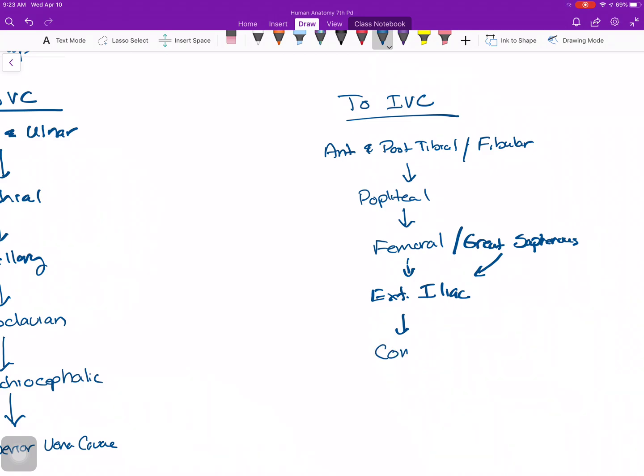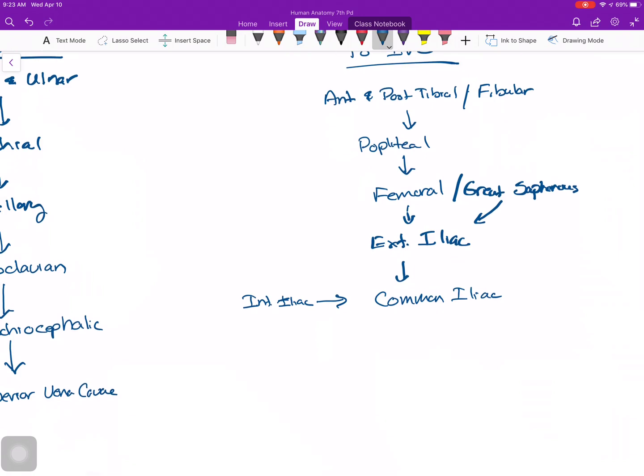So not only are you getting blood from the external iliac, you're also going to get blood from the internal iliac, going into the common iliac. All right, at this point, guys, the iliac empties into what we call the inferior vena cava.